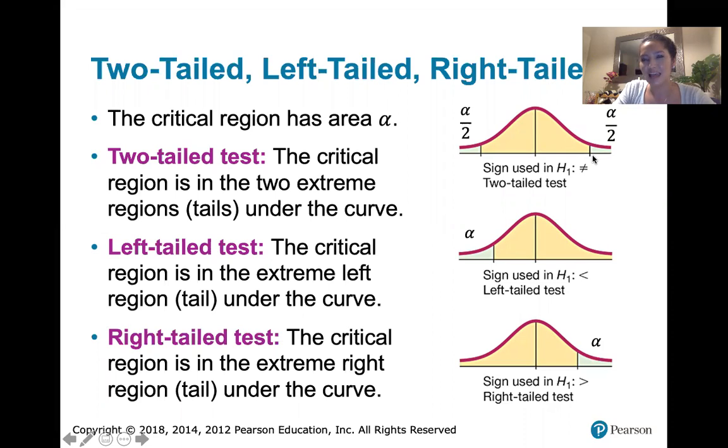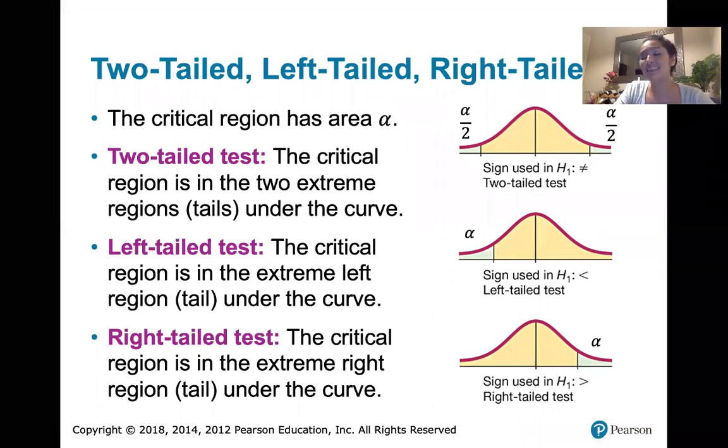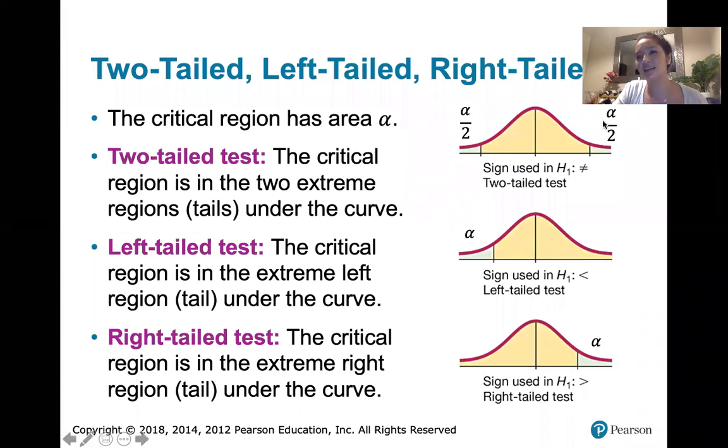So we're going to say that a value of a sample statistic is significantly high or significantly low if it corresponds to values of the test statistic that are in these critical regions. So a value of the test statistic that is significantly low for a left-tailed test would occur in that left tail, and that would cause us to reject the null hypothesis.